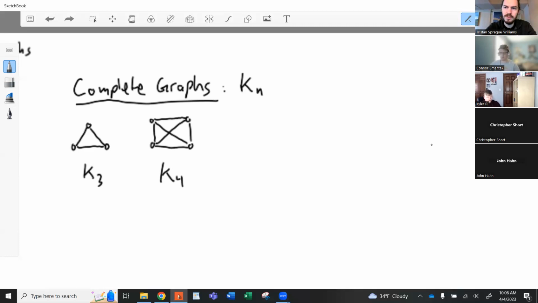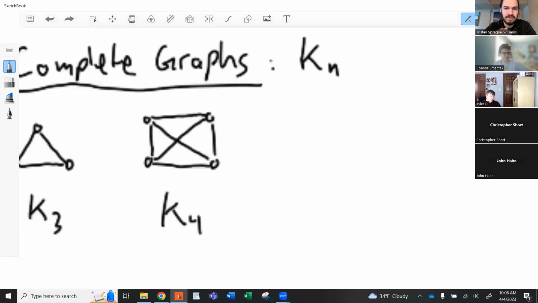So if we were, for example, looking for a path in this, remember I talked about paths and walks and trails. If we were looking for a path in this graph, we could not, for example, do something like this.